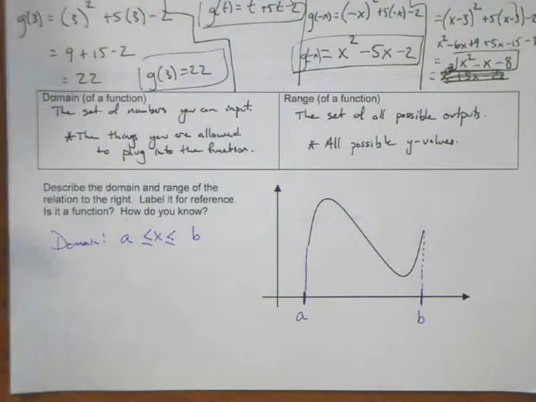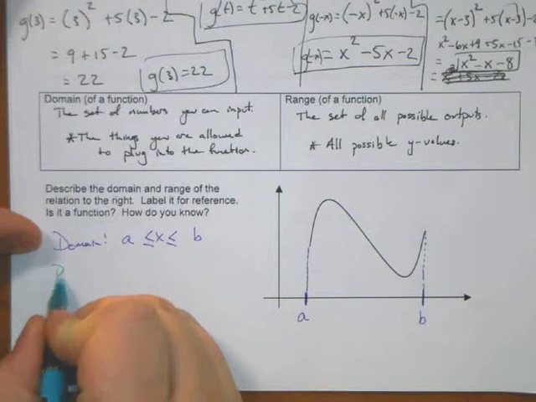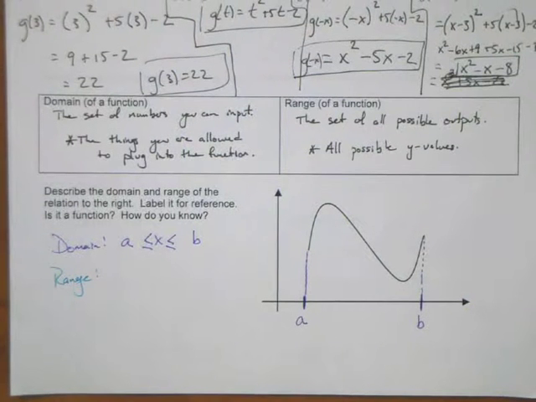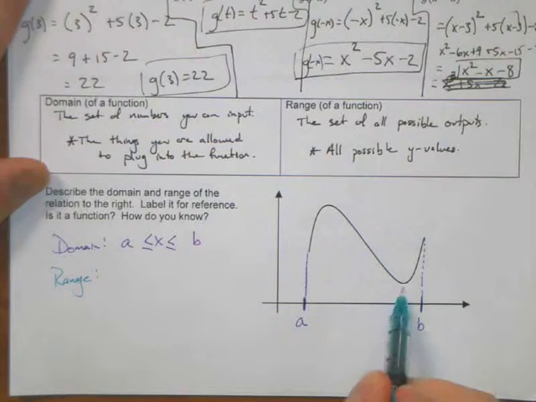For the range, I do the same thing, but with the y's. So where's the smallest y going to occur? There's not a number, so you're going to have to kind of describe it. Kind of this little trophy area down here, like down at the bottom.